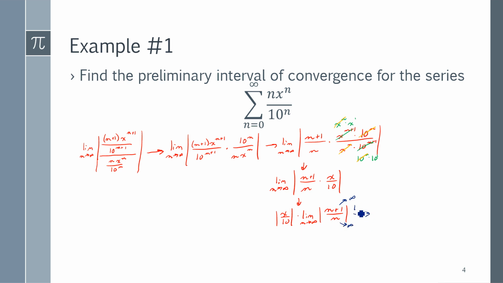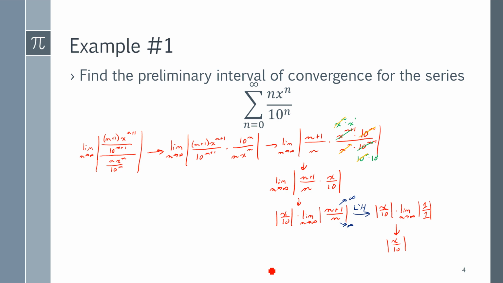So I can do L'Hopital's rule. And I still have the absolute value of x over 10, which is a constant in terms of the limit, times the limit as n goes to infinity of 1 over 1. The limit of 1 over 1 is just 1. So I have the absolute value of x over 10 is what my limit is approaching.